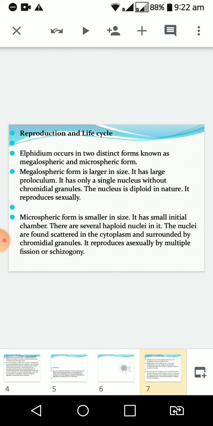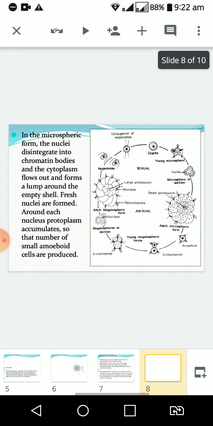So Elphidium occurs in two distinct forms. Now, first here, it is the microsporic form. First of all, the nucleus will be disintegrated into chromatin bodies and the cytoplasm will flow out and form a lump around the empty shell.